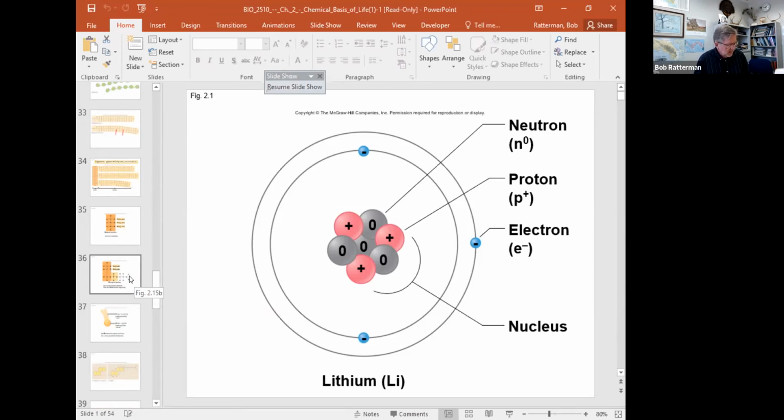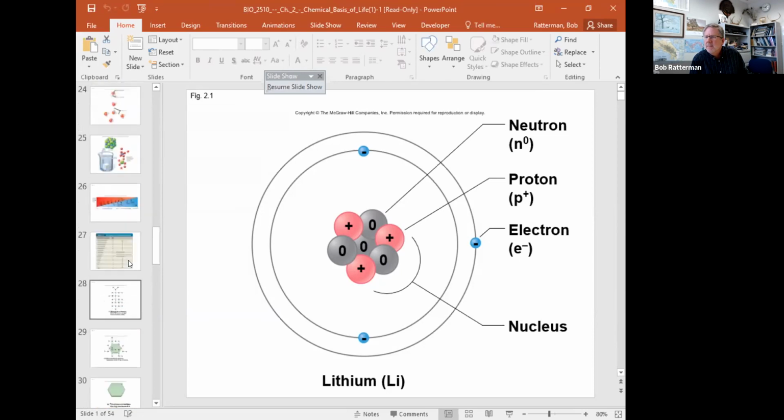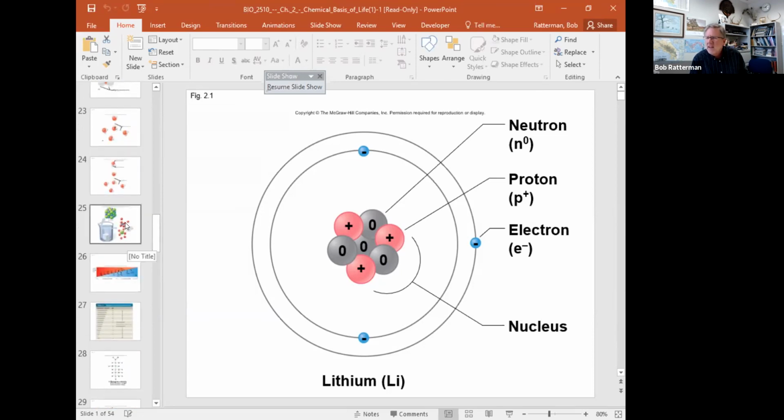In chapter 2, on page 68, under chemical reactions, there really isn't a slide on this, but what they talk about are synthesis, decomposition, exchange, and reversible reactions. So if you have your book, flip to page 68. The heading of the section is chemical reactions.